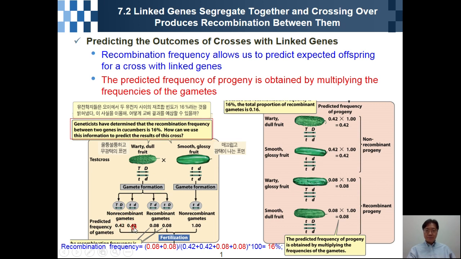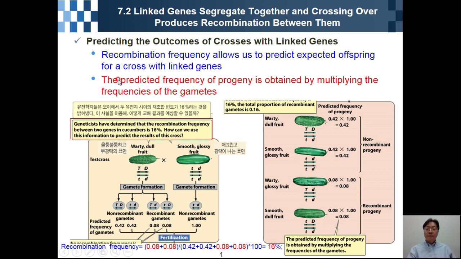Usually the predicted frequency of a progeny is obtained by multiplying the frequency of the gametes. The other parent's gamete will have small t and small d. This is a non-recombinant gamete, and the predicted frequency is 1.